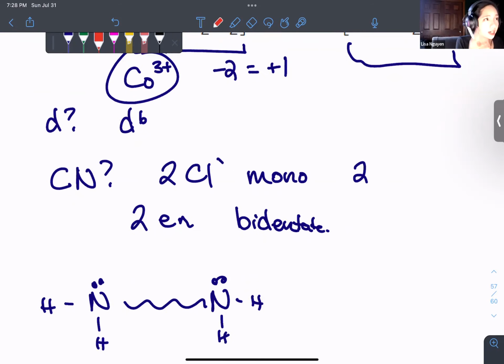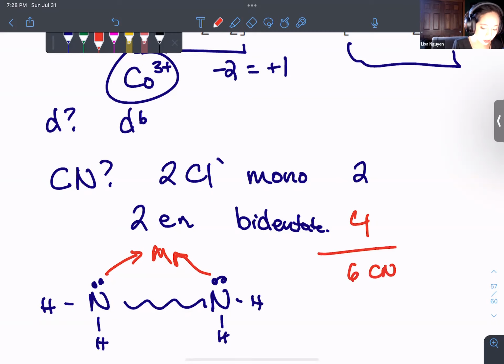So when you have one ethylene diamine molecule, it actually can bind twice to your metal center. So when there's 2 ethylene diamines, there's a total of 4 coordination sites that are being occupied by those 2 ethylene diamines. So there's a total coordination number of 6. This is equal to an octahedral. All right, so there's common bidentates, ethylene diamine, bipyridine, carbonate, oxalate.